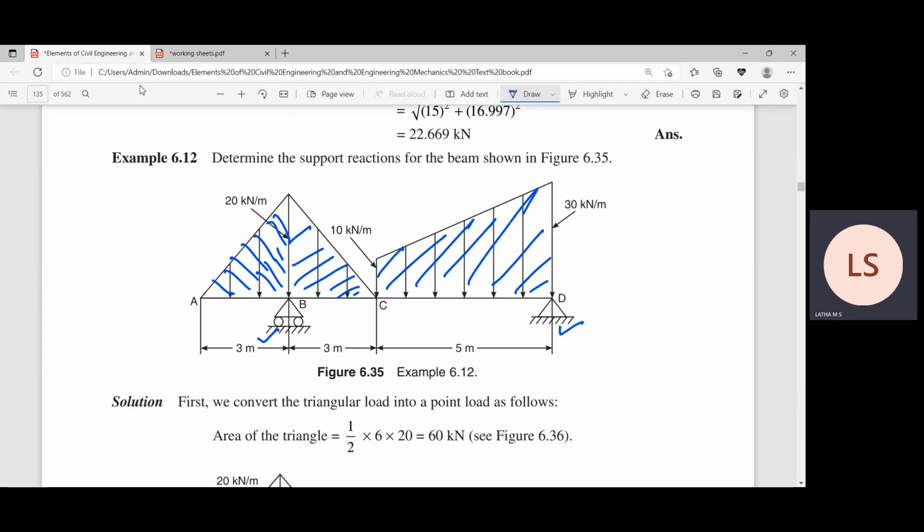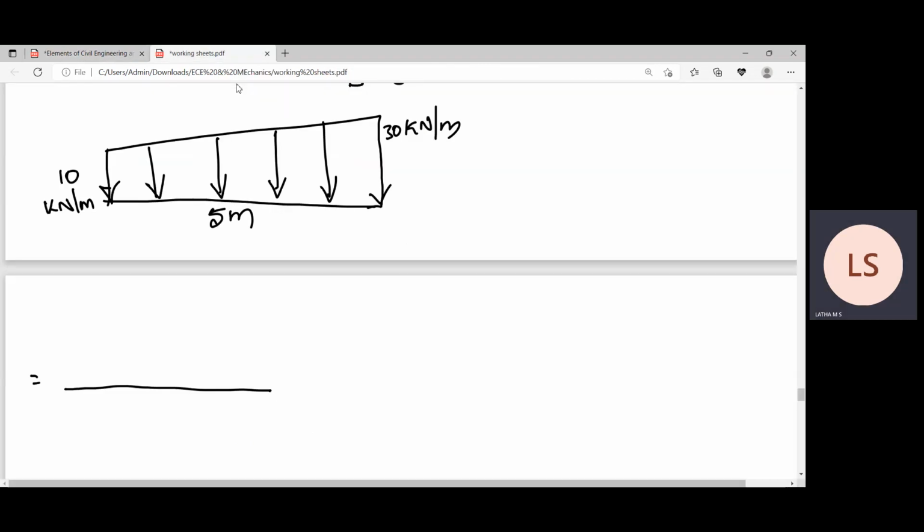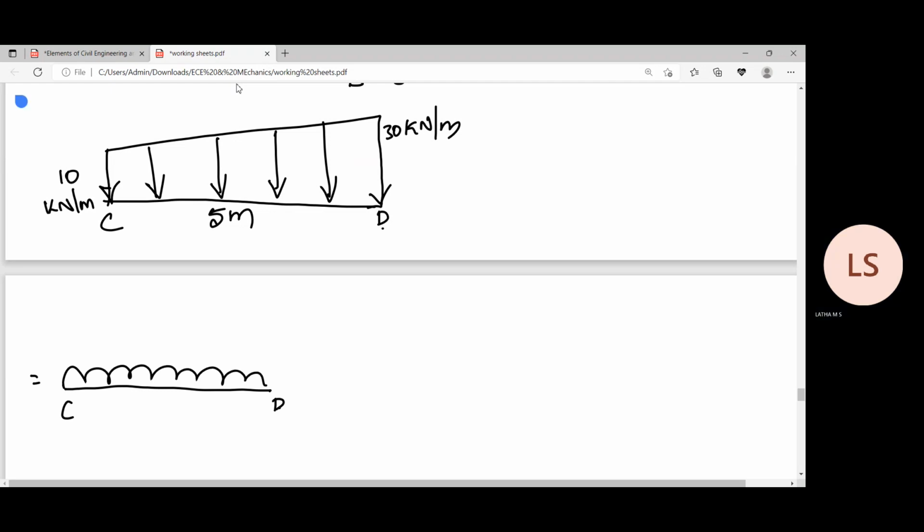The load is labeled CD, with points C and D. C is here, D is here. So I convert part of this into a UDL of 10 kilonewton per meter for 5 meters.